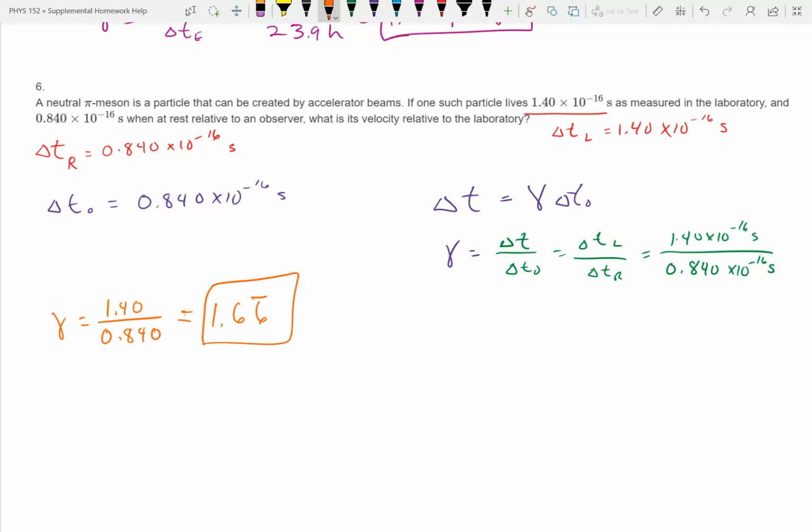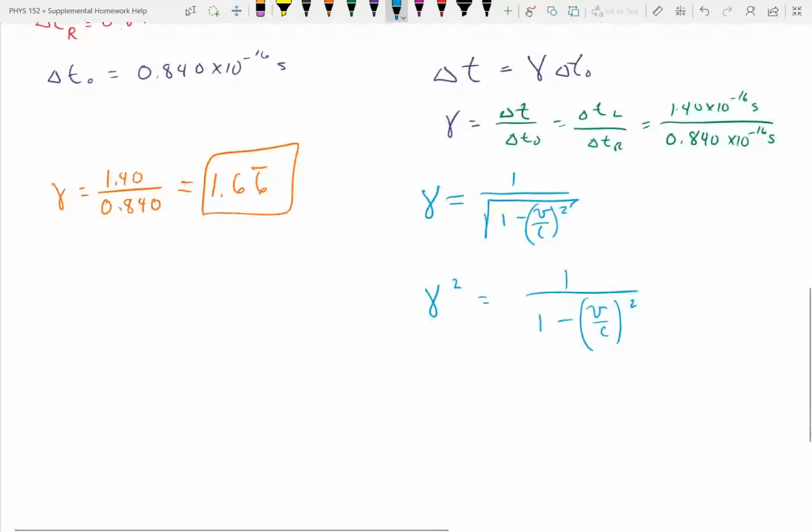So that's gamma. Now, it doesn't ask us for gamma. It asks us for the velocity. So how do I find the velocity? I wish I had an equation sheet. I just keep looking. We don't have the length.